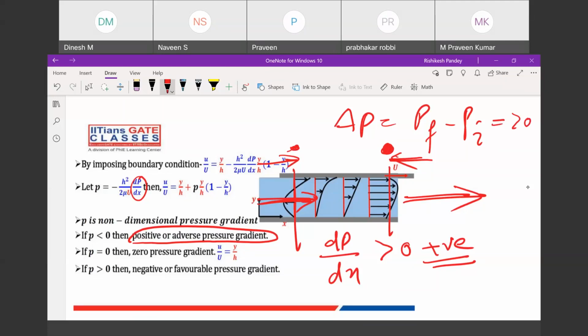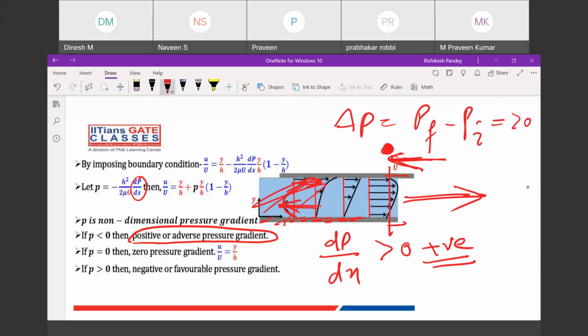And this is adverse because the fluid is trying to move in this direction, but in this direction pressure is more, and in that direction it is less. So pressure is not helping the fluid to move. So this is an adverse pressure gradient. And if there is such an adverse condition, then locally in the downward direction where the plate is fixed, the fluid will move in the opposite direction, and at the top the fluid will move in the plate direction only.